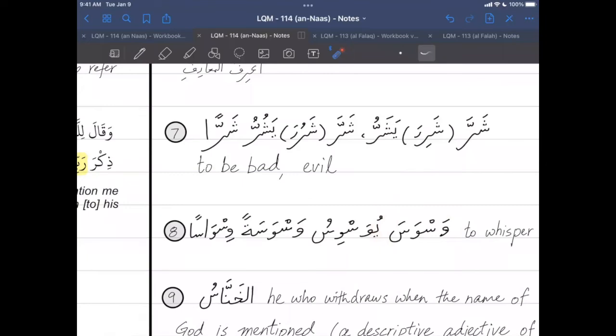So that's just a quick recap of that rule. We also see the same thing happening in form 2, bab taf'il, form 3, bab mufa'alatun, and form 4, bab if'alun. Sorry about that. So waswasa yuwaswisu meaning to whisper.